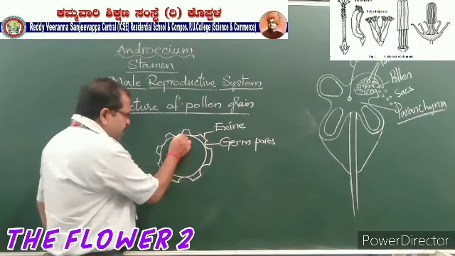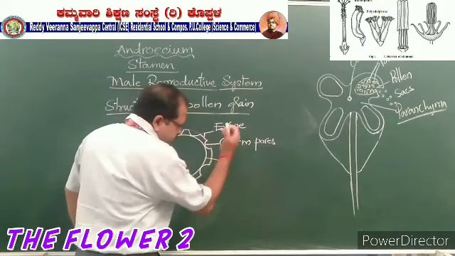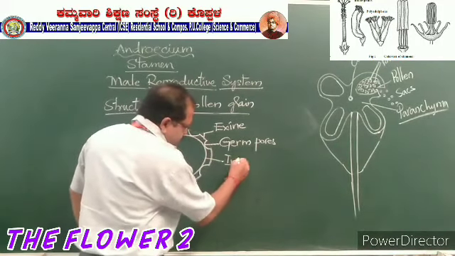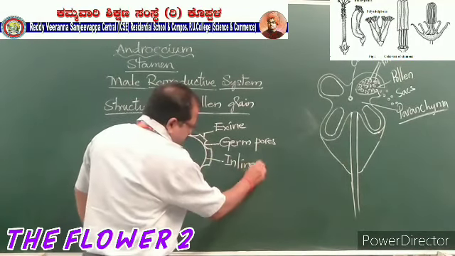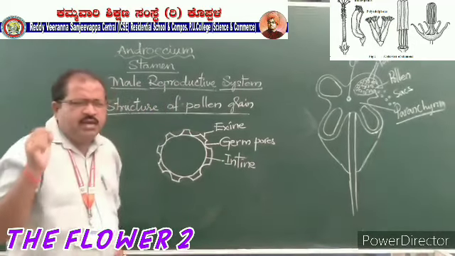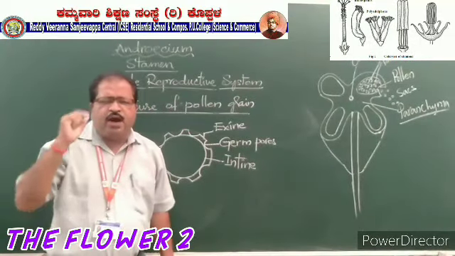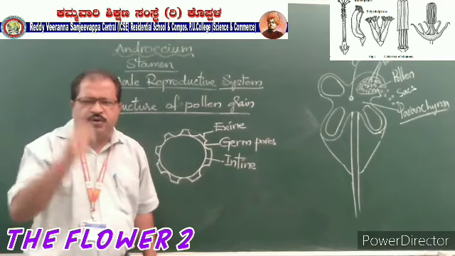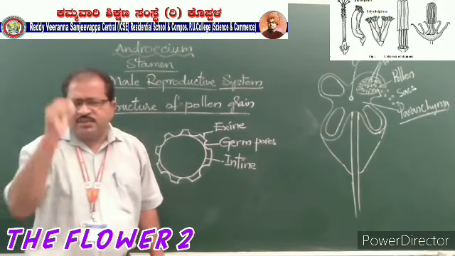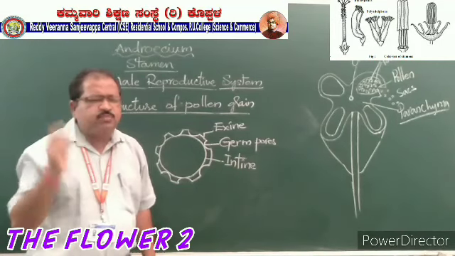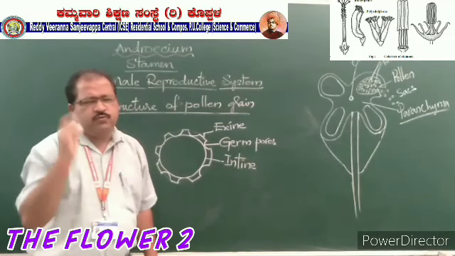The innermost layer is called the intine. It is very thin and flexible, made of cellulose.